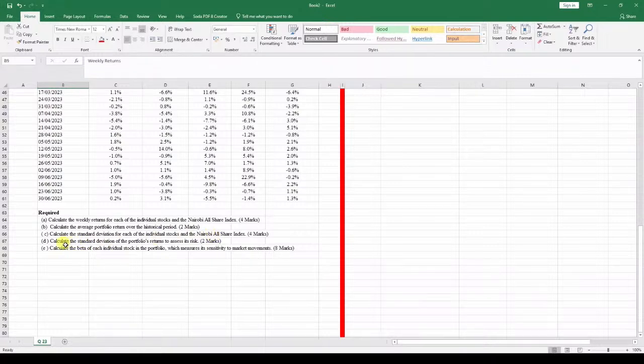Then you're told to calculate the standard deviation for the portfolio returns to assess its risk, and to calculate the beta for each individual stock of the portfolio, which measures its sensitivity to the market movements.